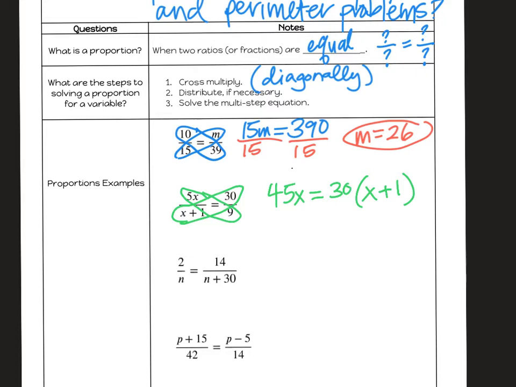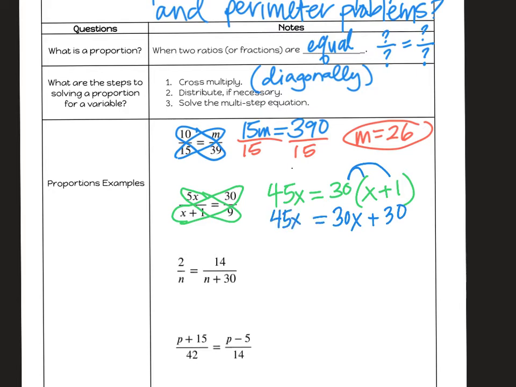Okay, so now I am first going to distribute, so I'm going to multiply the 30 with each term inside the parentheses. So that's going to give me 30x plus 30, and then equals 45x.